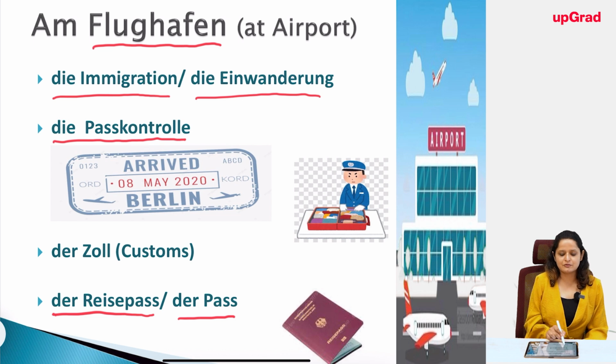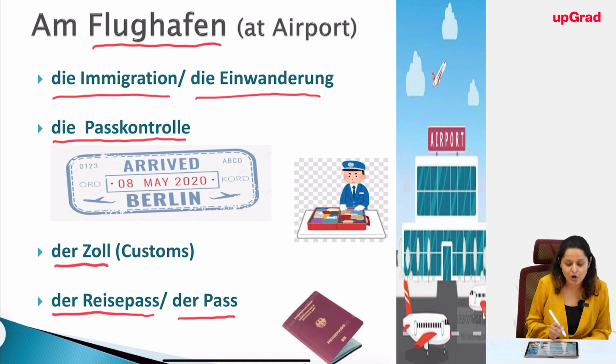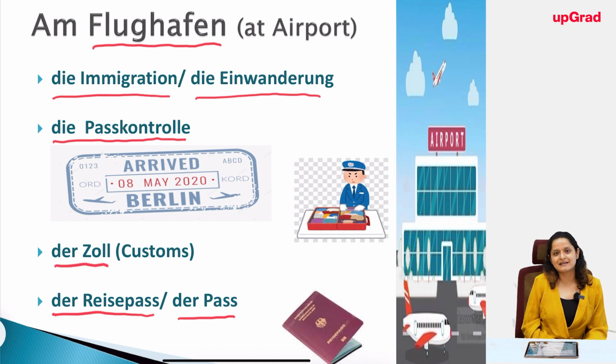So the word we use here, which you might see at airports, is the Passkontrolle, where you get your immigration stamp. Another word that we very commonly see at airports is der Zoll. Zoll means customs. Okay, so keep an eye out at these boards whenever you are at the airport.